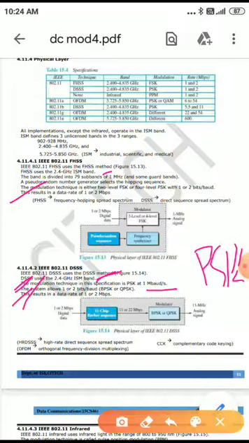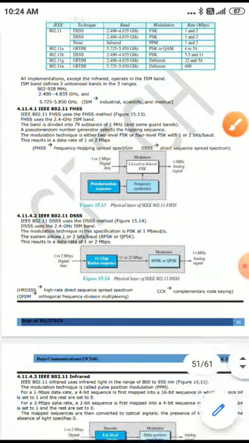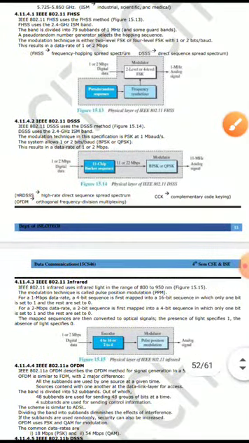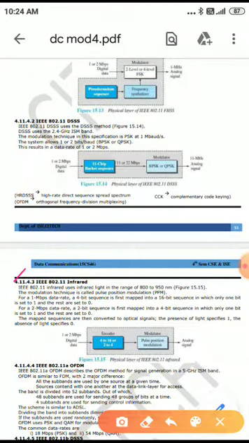These are the two physical layers of IEEE 802.11. Next we are going to see the third type, IEEE 802.11 infrared. IEEE 802.11 infrared uses infrared light in the range of 800 to 950 nanometers.